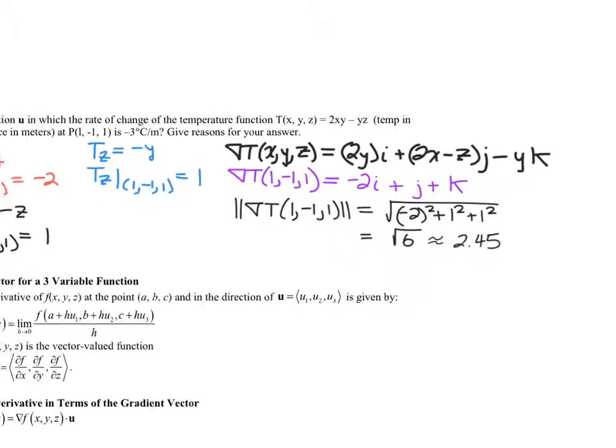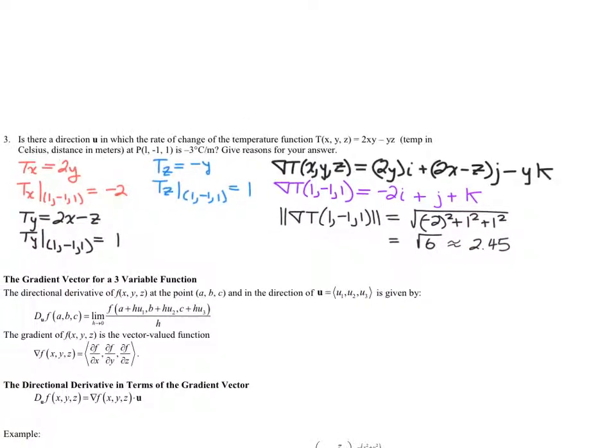All right, so we just figured out two things, one directly and one indirectly. They were asking, is there a direction in which the rate of change of the temperature at this location is -3? So could I go off in a particular direction and have a rate of change of -3 degrees Celsius per meter?